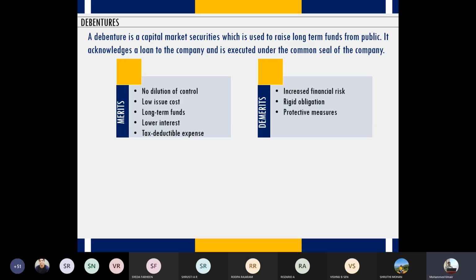Third, protective measures. In case of debentures, for certain types of debentures, this is not for all types, the company is obligated to create protective measures. How do the protective measures get established?